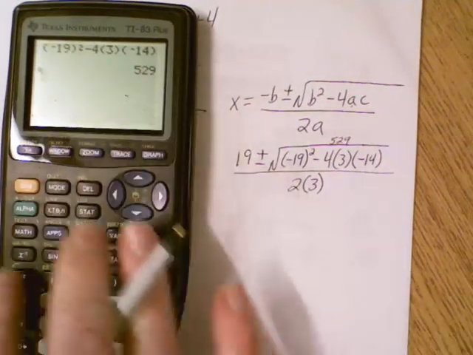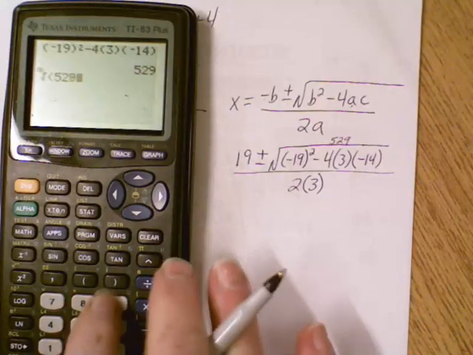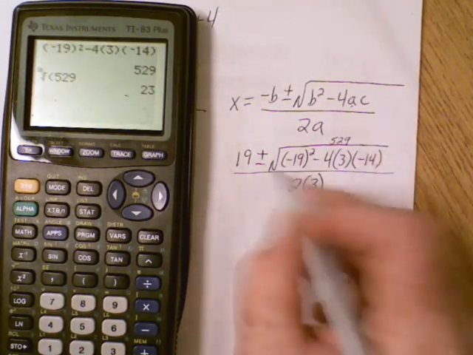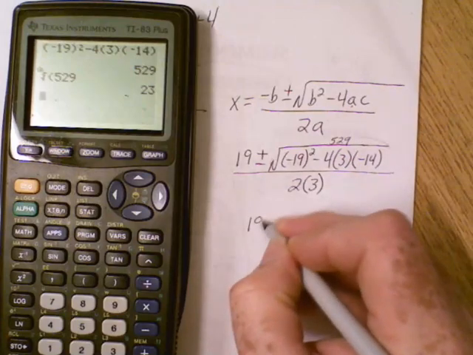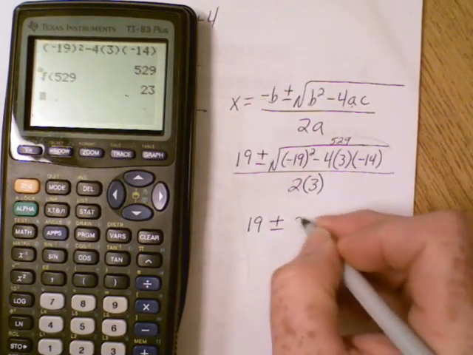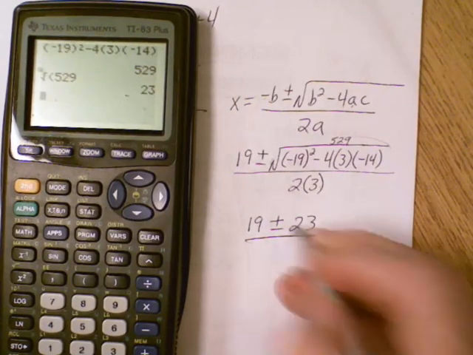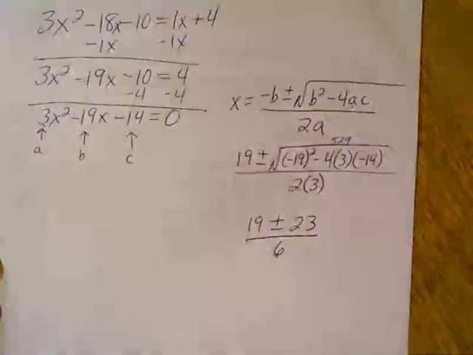Then I hit second square root, 529, and I get 23. So 19 plus or minus 23 on top, divided by 2 times 3, which is 6, on the bottom.